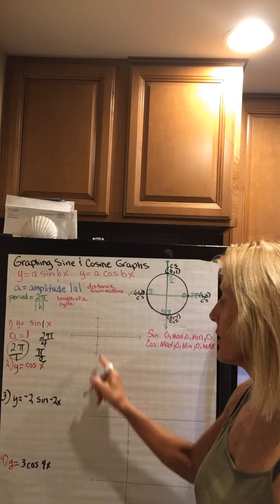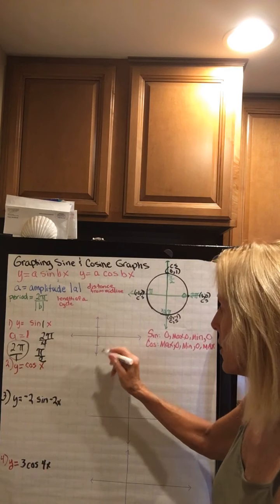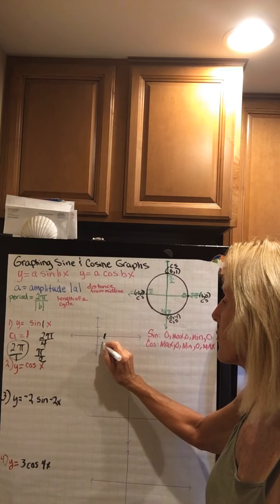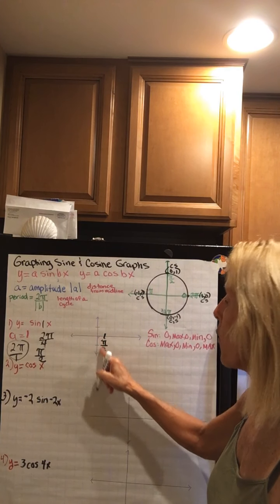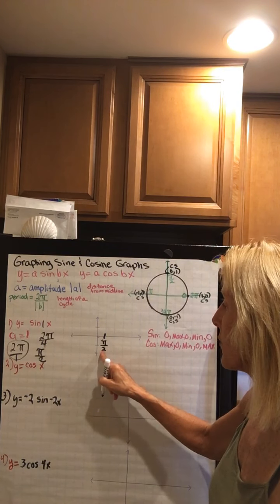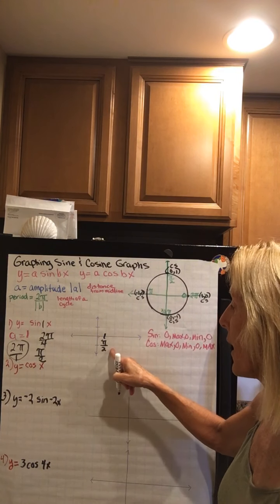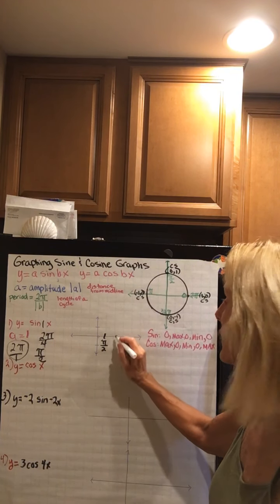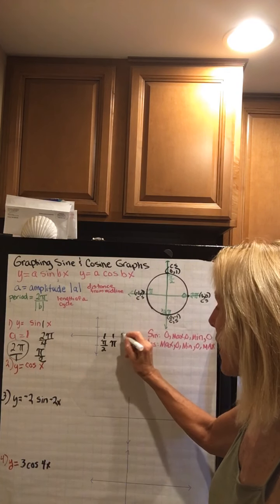So every interval, to 4, of course it starts at 0. This would be right here, this would be 1/2 pi. So that would be 1/2 pi right here. Then this would be 2/2 pi. Well, 2/2 pi equals pi. Then this would be 3/2 pi.